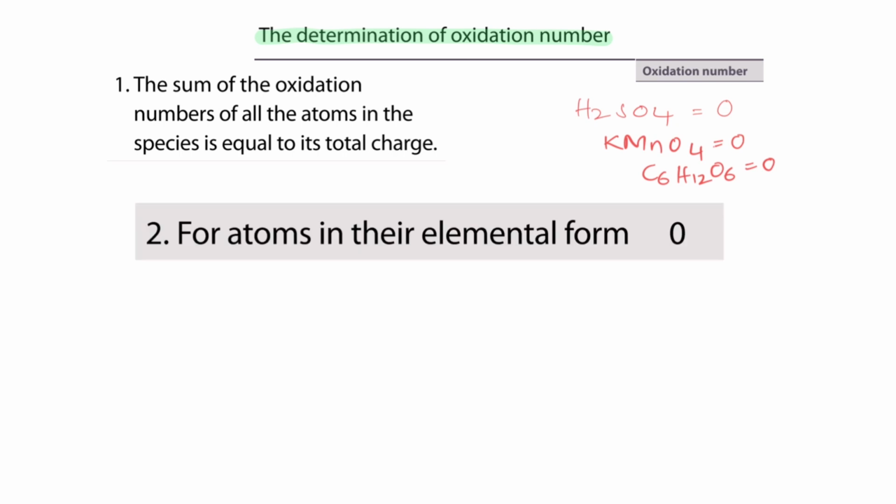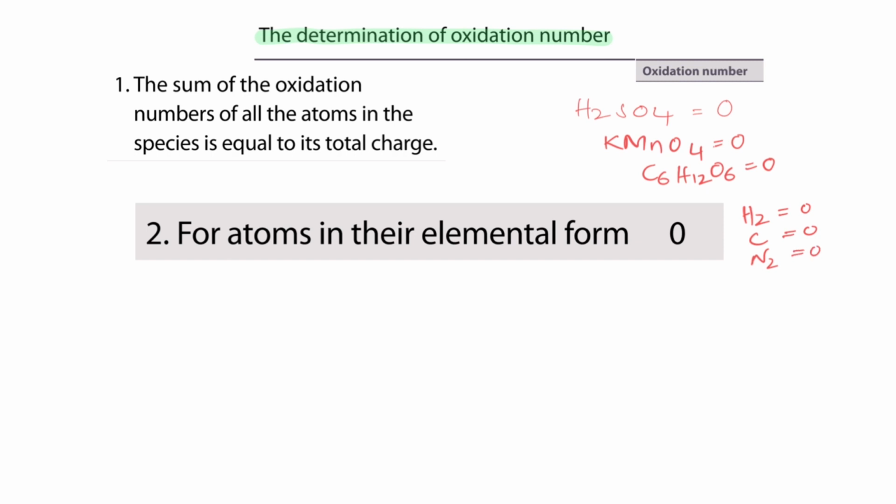The second rule is for atoms in their elemental form, the oxidation number is equal to 0. For example, hydrogen oxidation number is 0. Next, carbon oxidation number 0. Nitrogen oxidation number 0.